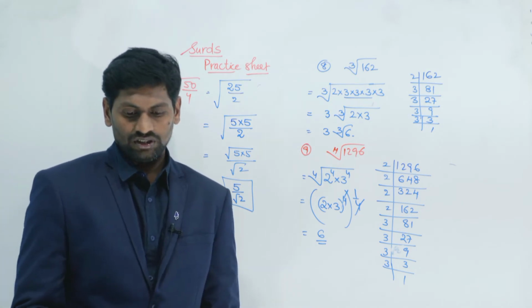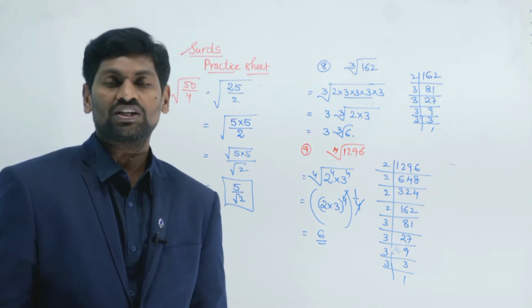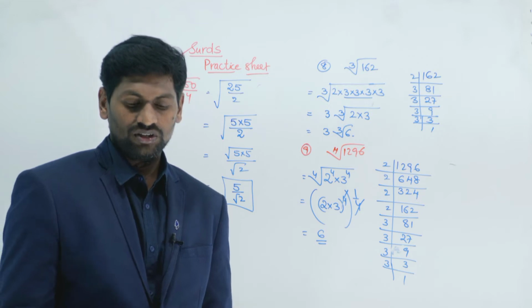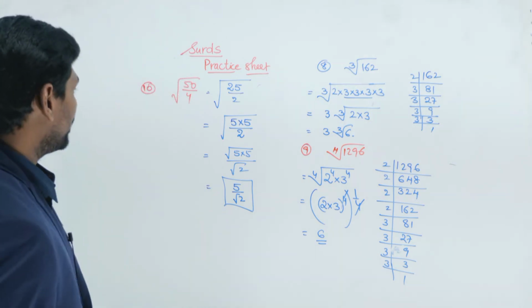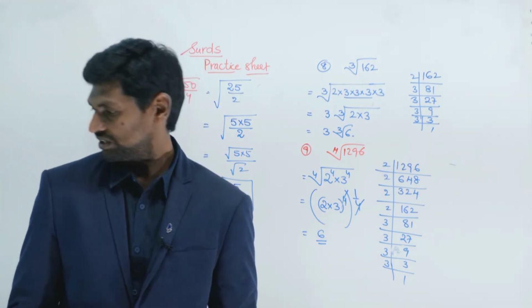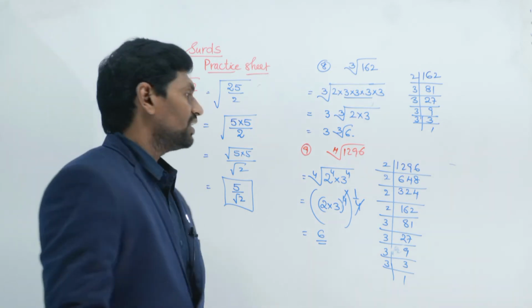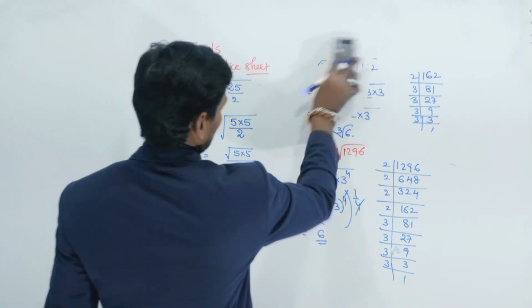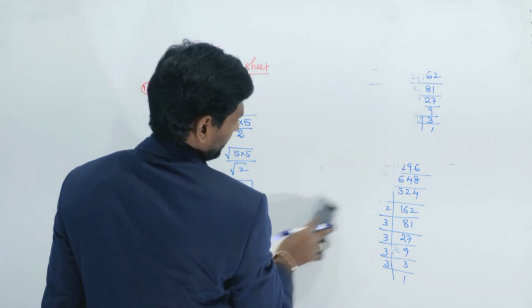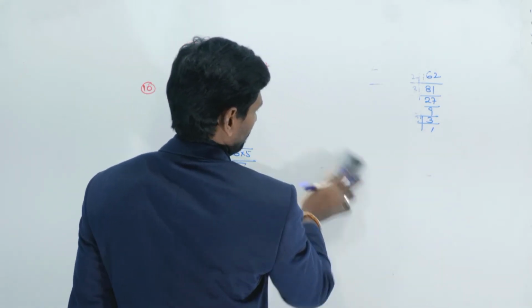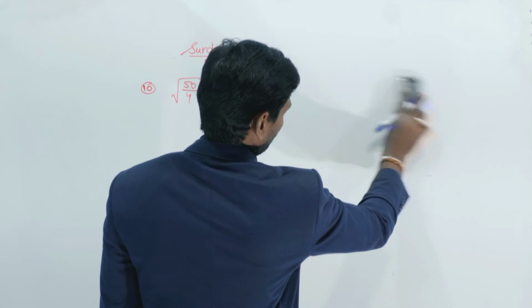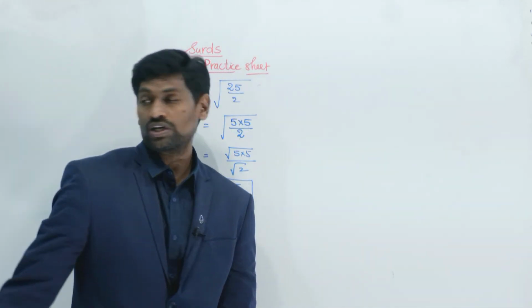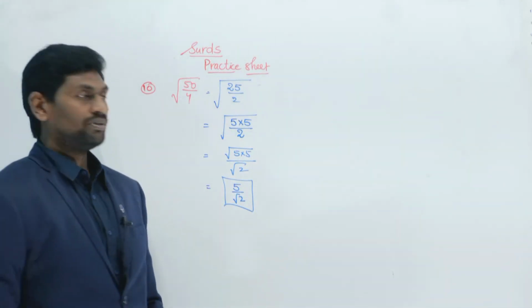Next one. The product of two similar quadratic surds. So when you multiply any two similar quadratic surds, that will be a rational number. The surd becomes a rational number. Product of two same quadratic surds will be a rational number.